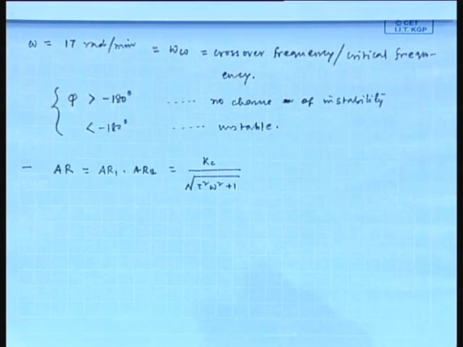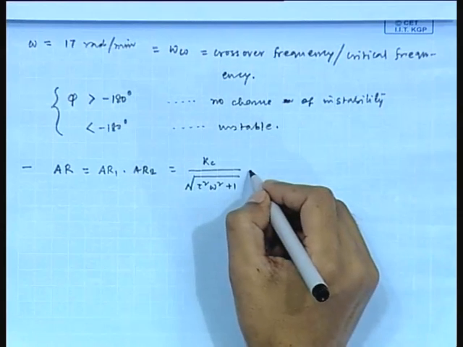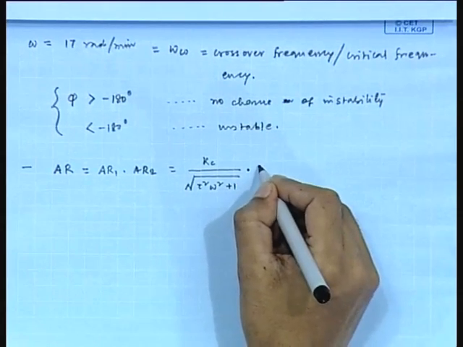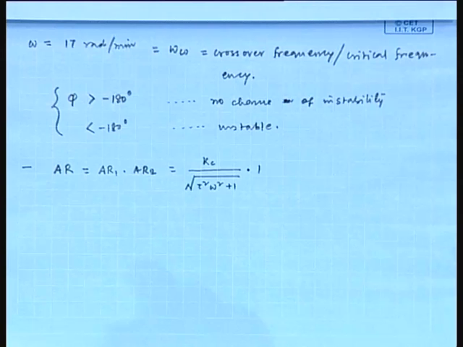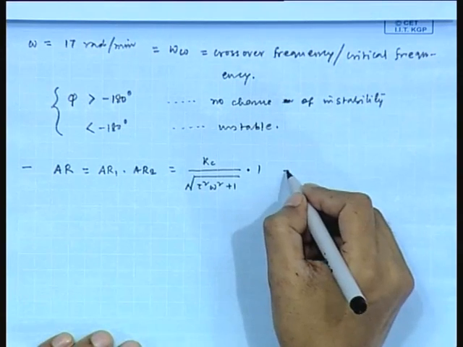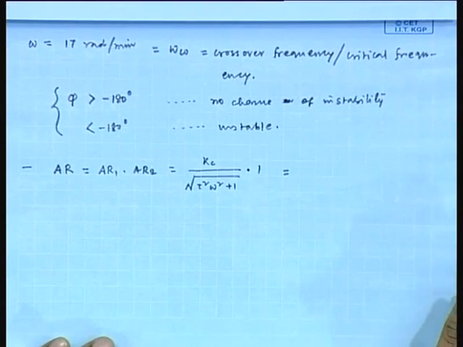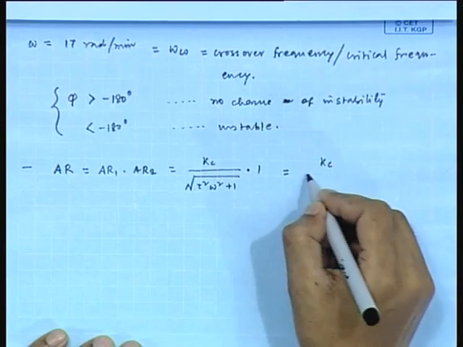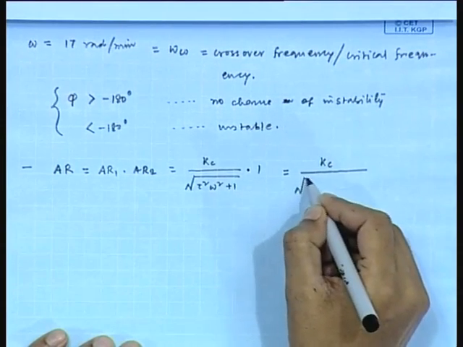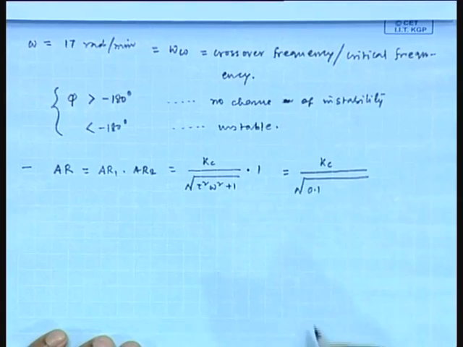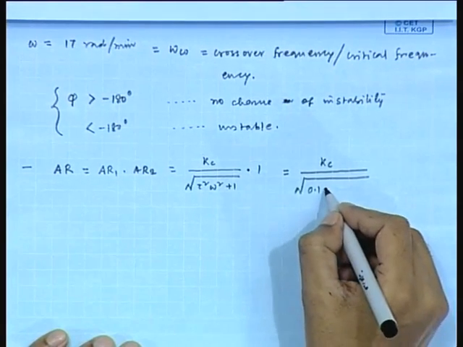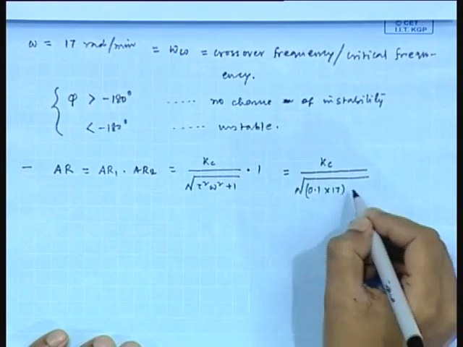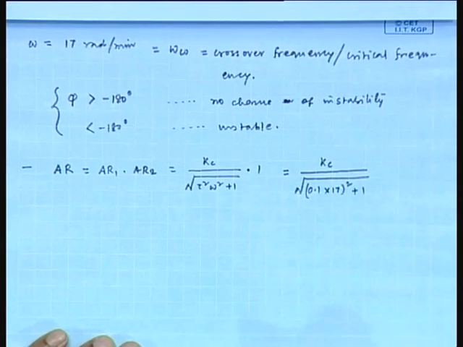This is the amplitude ratio for a first order system, and for the time delay system amplitude ratio is 1. Now, we will try to determine the value of this overall amplitude ratio at crossover frequency. Tau is 0.1. Crossover frequency we determined 17. Accordingly, we obtain this.